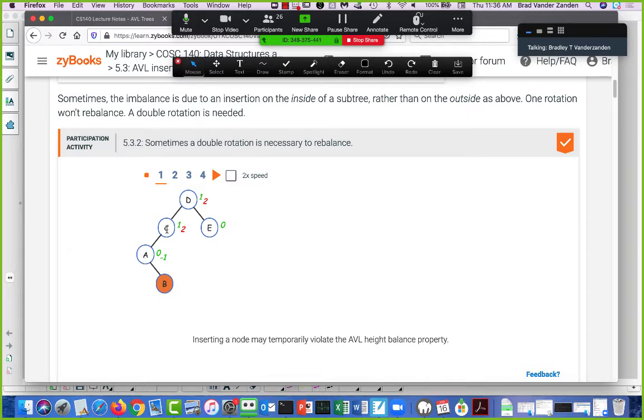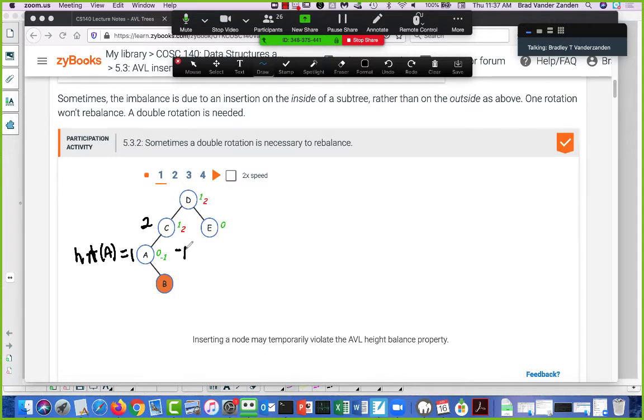But when we come up to C, the height of C is 2. The height of its left subtree, the height of A, is equal to 1. So the height of C is 2. The height of its right subtree is 0.